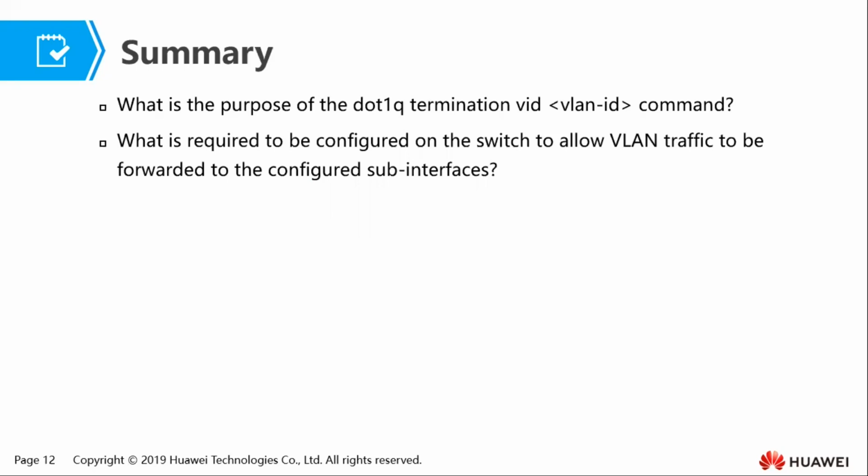Then what is required to be configured on the switch to allow VLAN traffic to be forwarded to the configured sub-interfaces? On a switch, what is supposed to be configured in order to allow VLAN traffic to be forwarded to the sub-interfaces of the layer 3 switch or router?